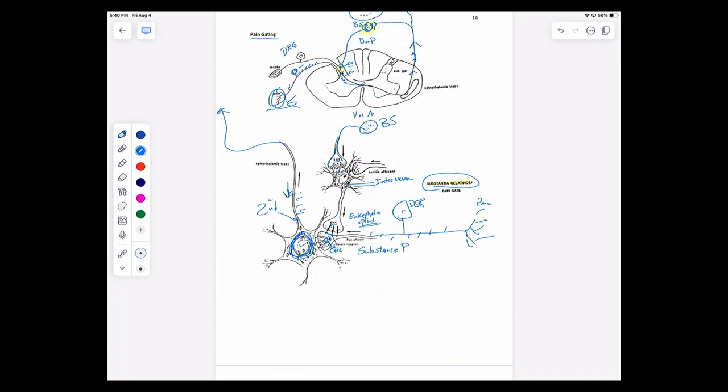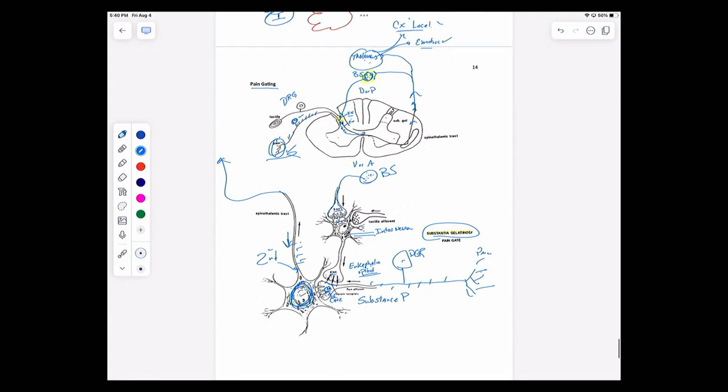So what happens if you have a patient and they have a localized pain and you want to help them with that pain, but you don't want to blast them with body-wide opioids, you can actually run a little cannula into the spinal cord of interest, or the area of the spinal cord that's responsible for whatever pain is going on with your patient.